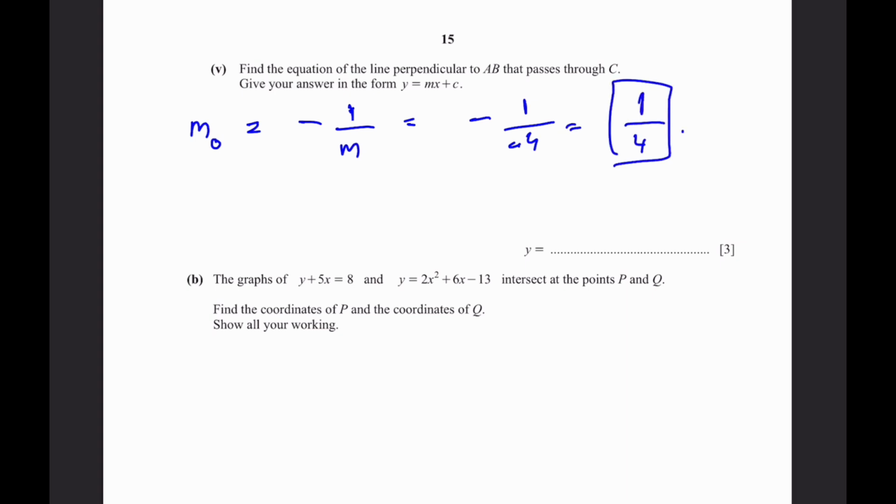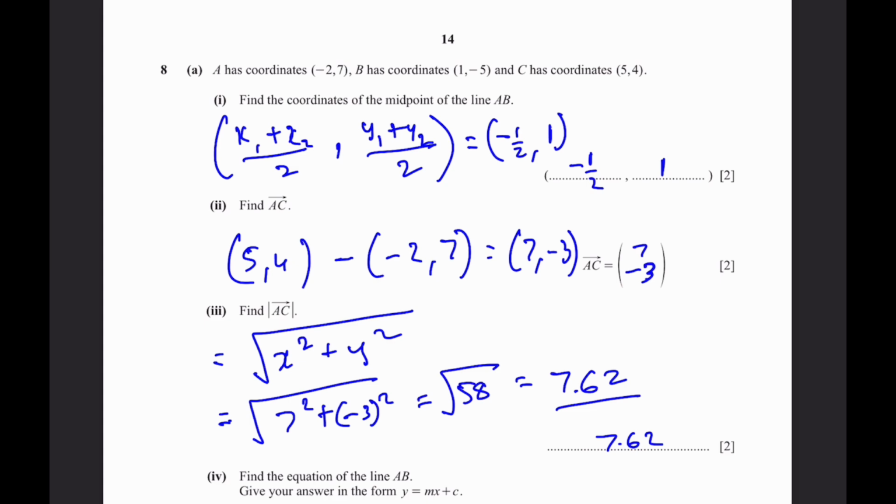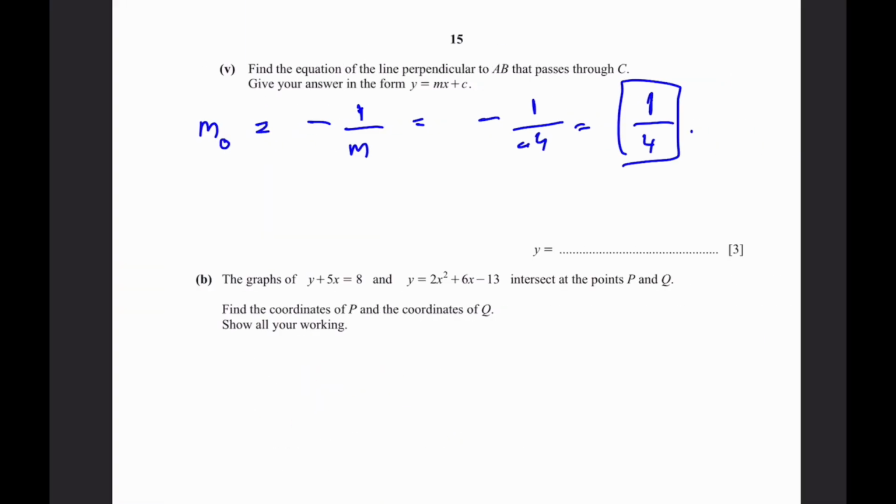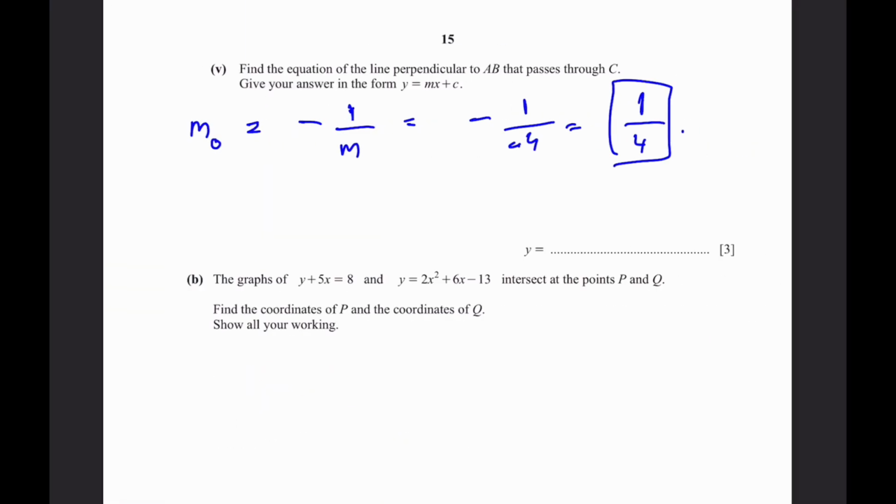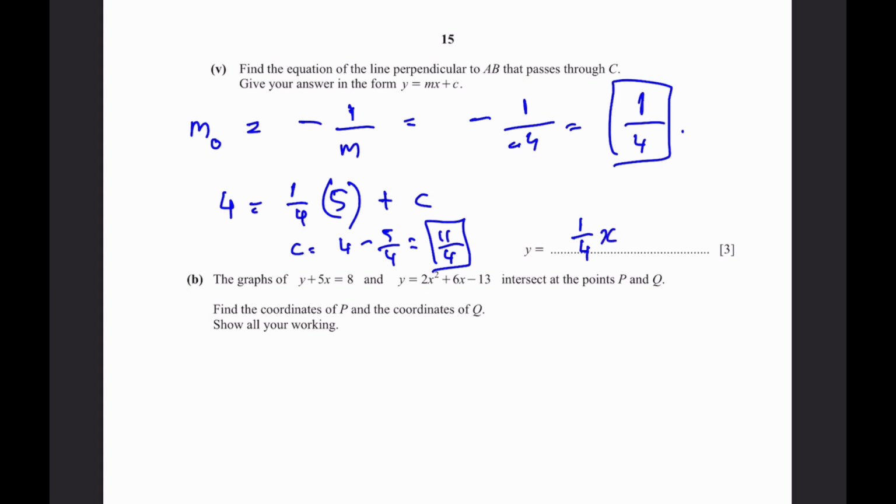Now, this line perpendicular to AB passes through the point C, which has coordinates 5, 4. So y is equal to mx plus c, y is 4, x is 5, and m is 1 by 4, and then plus c. So c is equal to 4 minus 5 by 4, which is simply 11 by 4. And that means we can write the equation is y equals 1 by 4x plus 11 by 4. That's our answer. Let's go to part B.